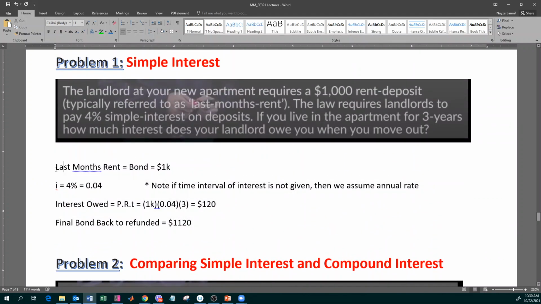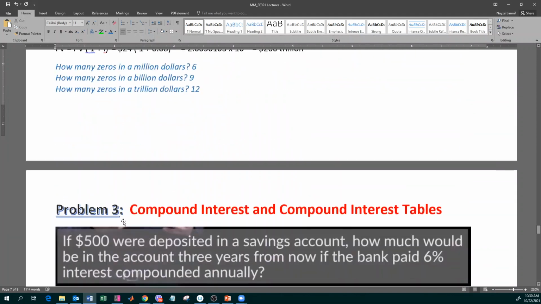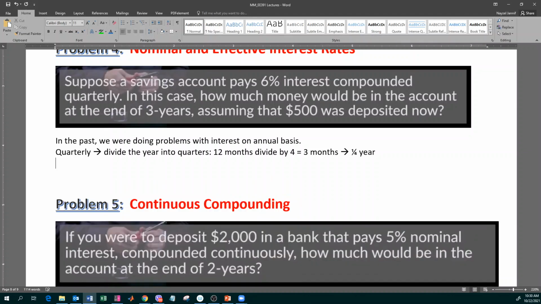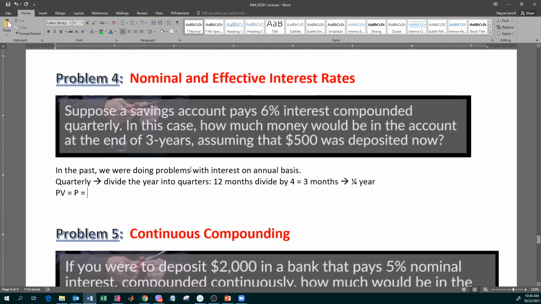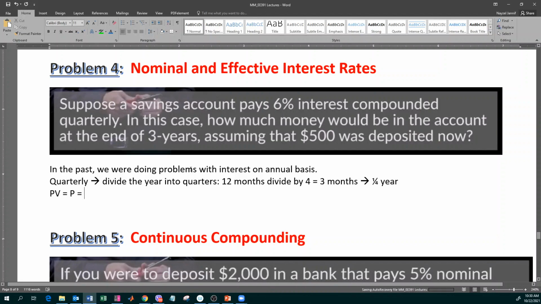All right. Now, let's note down what we have. Our present value, which is equal to our principal. Present value is the principal. Is how much, guys, according to problem number 4? 500.